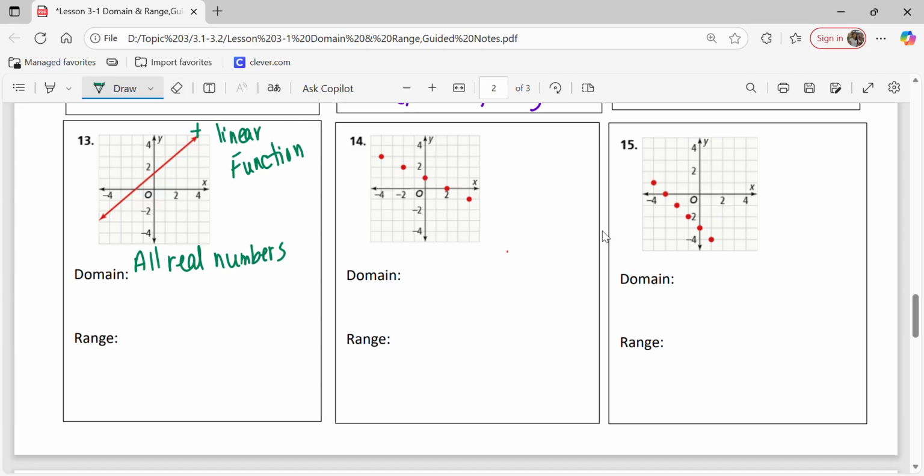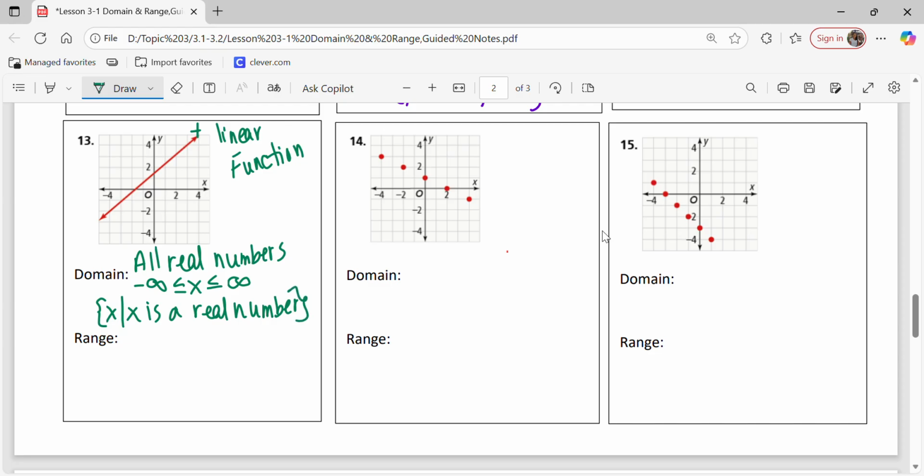Writing it as an inequality, you can write it with the infinity symbols. Negative infinity is less than or equal to x, less than or equal to your positive infinities. Writing it in set builder notation, all values of x such that x is a real number.